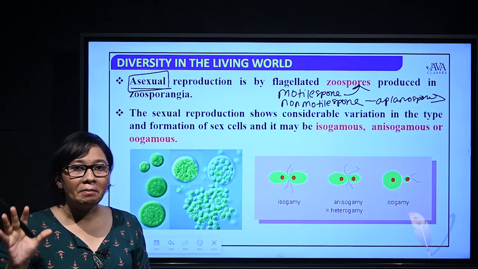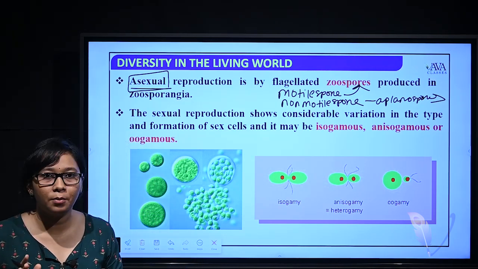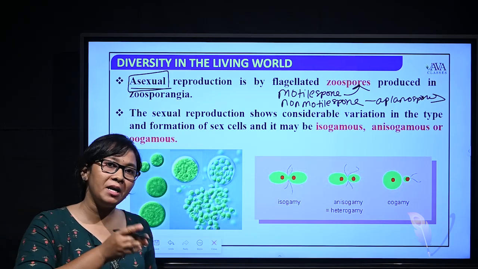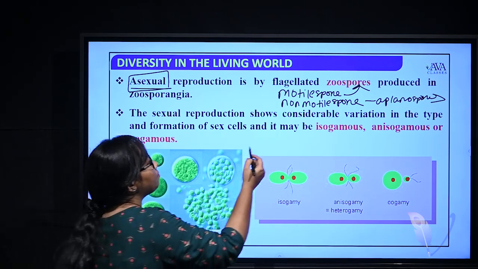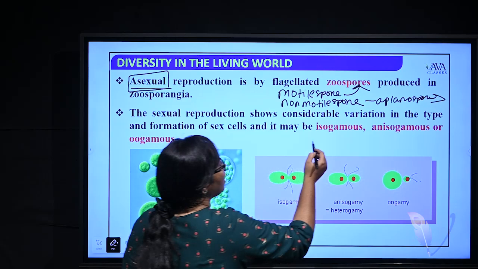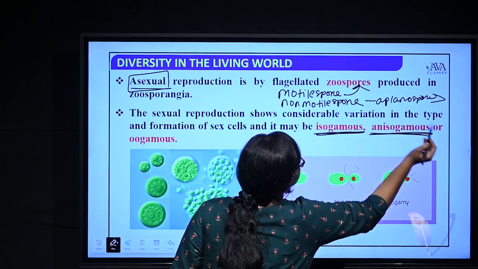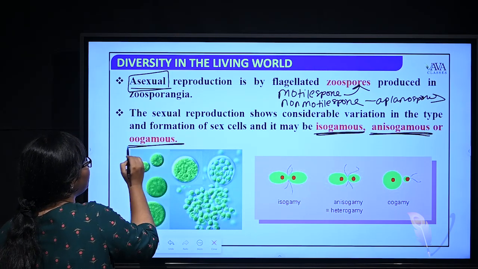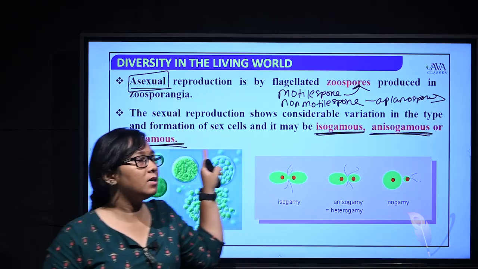Gametes are essential for carrying out the sexual reproduction process, but that gamete might differ from species to species. That gamete might be isogamous, anisogamous, or oogamous. And what is isogamous, anisogamous and oogamous?